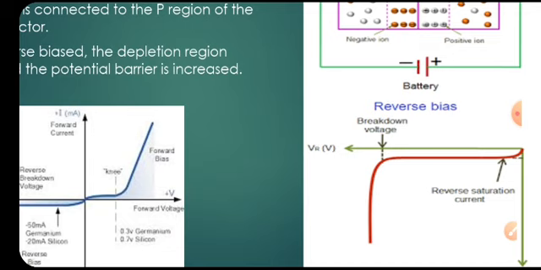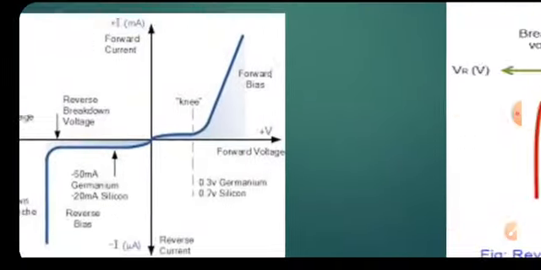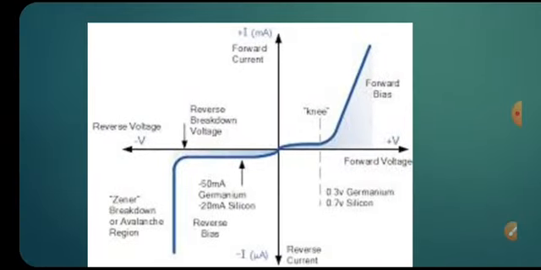After some particular voltage, the current changes abruptly, and that voltage is known as the breakdown voltage, the reverse breakdown voltage.